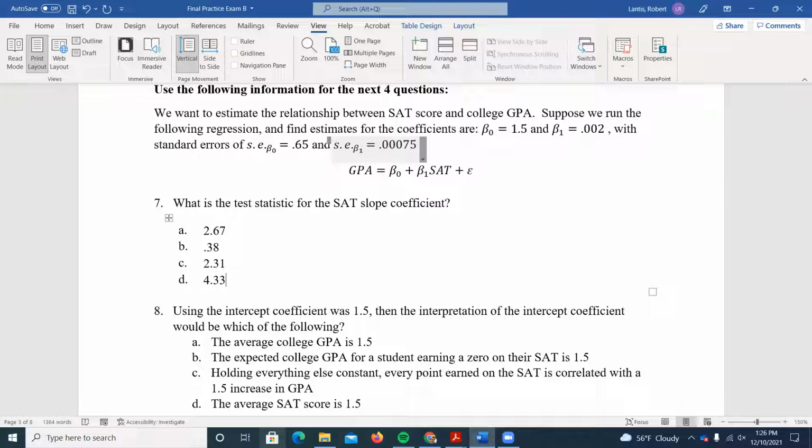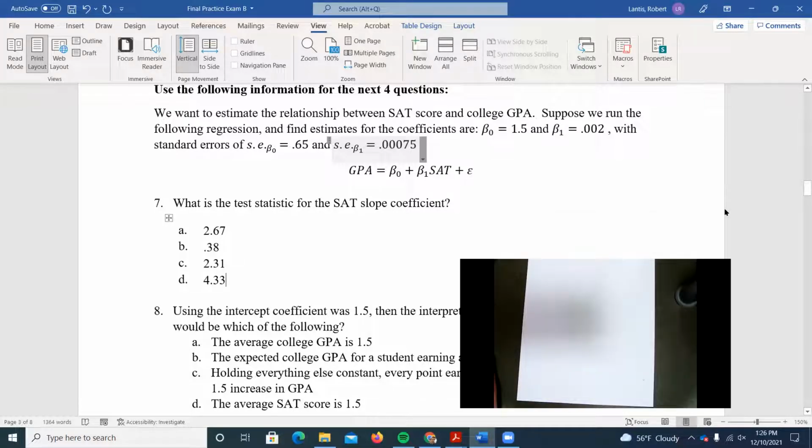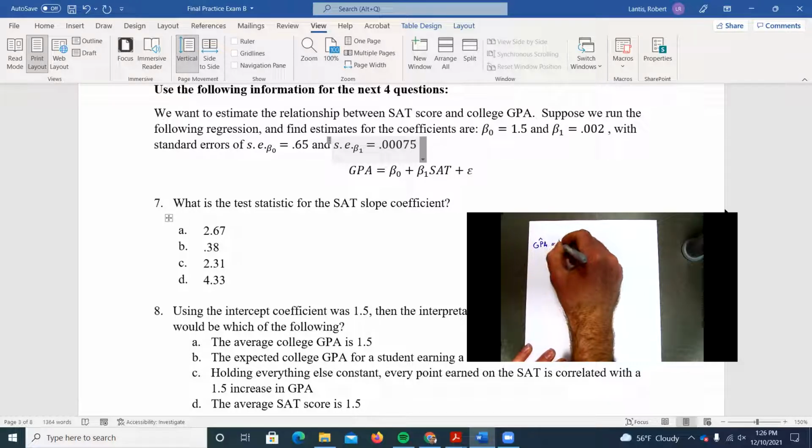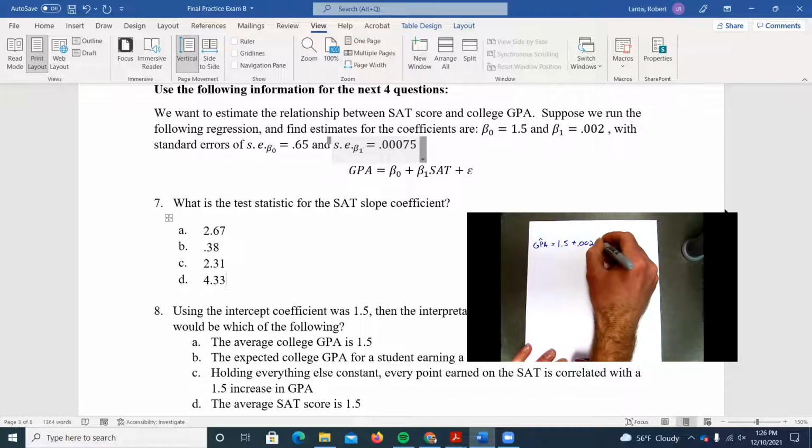So once I have these values, if I'm thinking about writing out my prediction equation, I'm going to make predictions about GPA, and I'm just plugging in my intercept coefficient and my SAT coefficient, right?